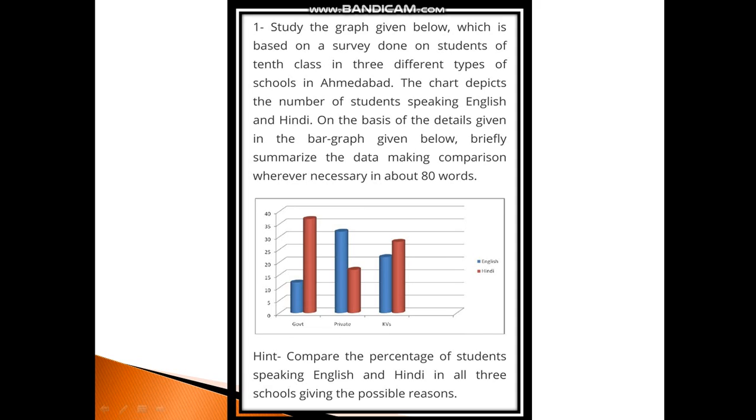Okay, so the blue bar represents English and the red bar represents Hindi. So here you can see that in government schools mostly Hindi is preferred to English, and in private school English is preferred to Hindi, and in Kendriya Vidyalaya also Hindi is preferred to English, but not as much as in government schools.